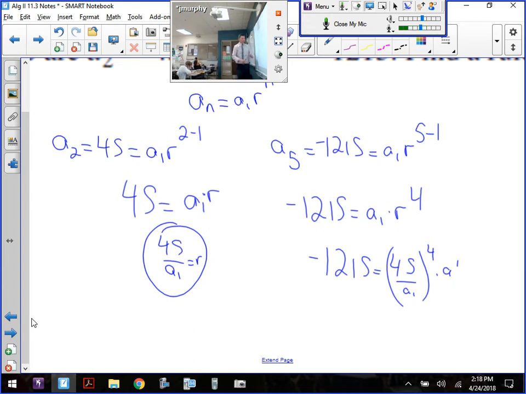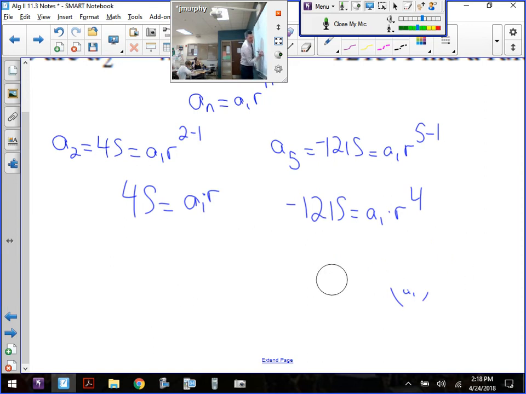You want to rewrite it in terms of the first term. Because if you've got first term here, first term there, see how they have the same exponent? You don't have to mess with it. Watch what happens. If you divide out by the rate, you get 45 divided by r is the first term. You okay?